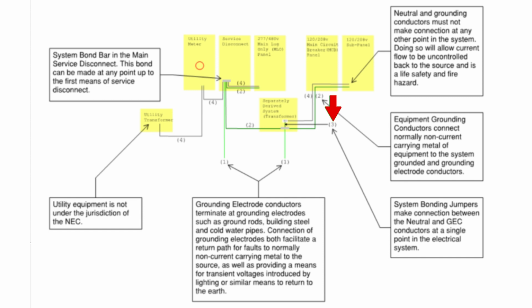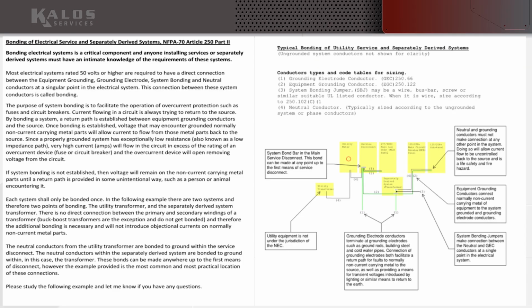Then we have another bonding point here, which is connected to the X0 or neutral terminal of the secondary in our transformer. So we're also going to bond here so that we can complete that closed circuit, that low impedance path to ground, on our secondary system as well. So this is an illustration with two systems: the system from the utility, and a separately derived system.